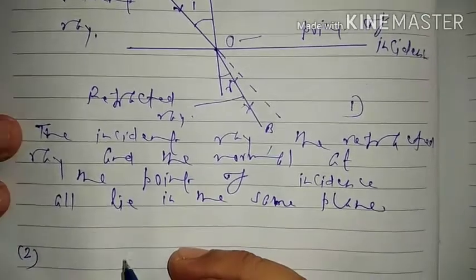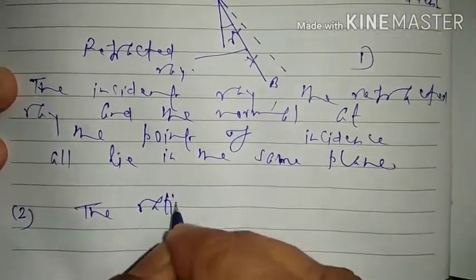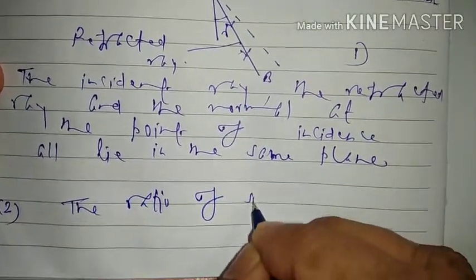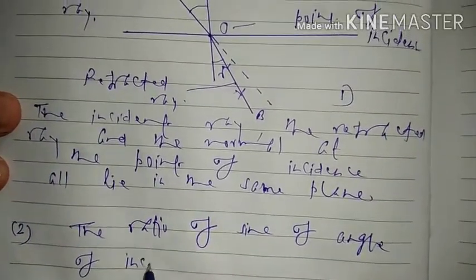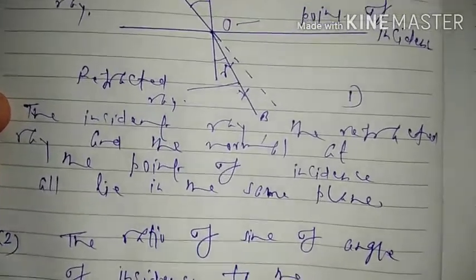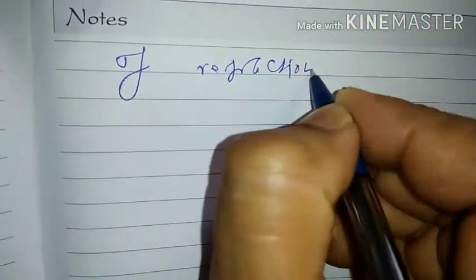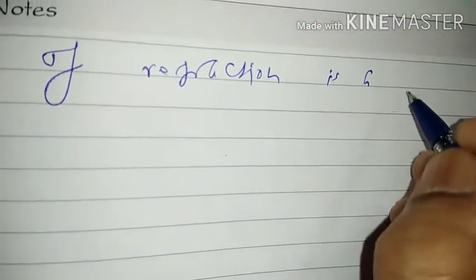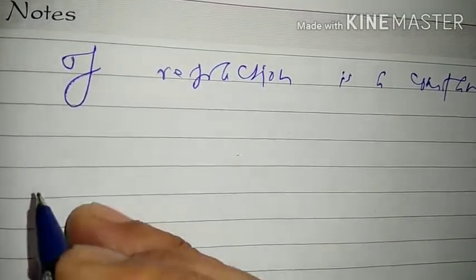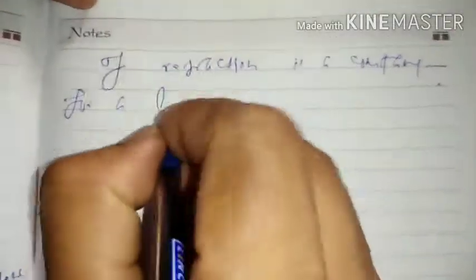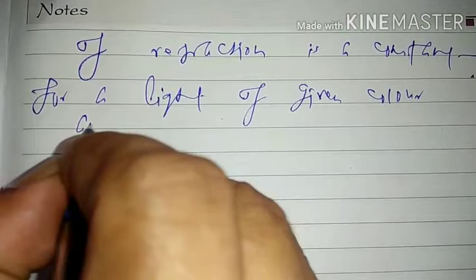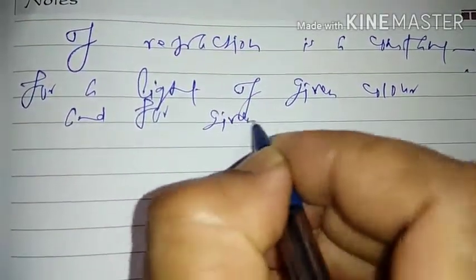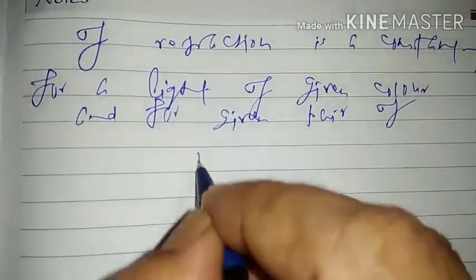Second law states that the ratio of sine of angle of incidence to sine of angle of refraction is a constant for light of given color and for given pair of media.